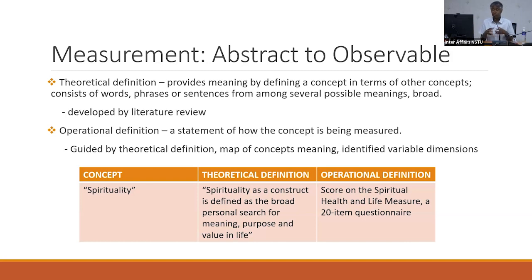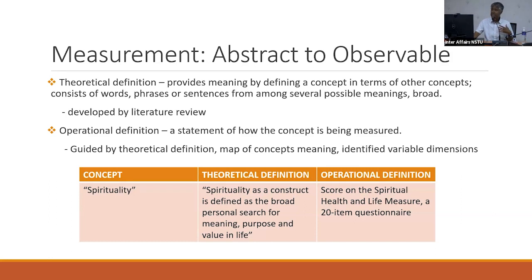So the concept is spirituality. Our theoretical definition is a construct: spirituality is defined as the broad personal search for meaning, purpose, and value in life. This spiritual health and life measure was specifically developed based on that theoretical definition to measure that specific concept.